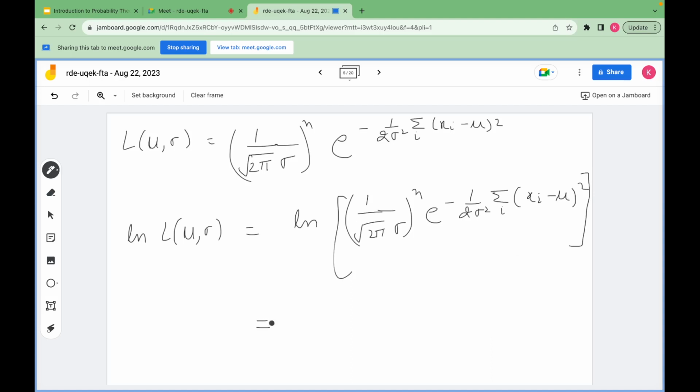This will become n ln 1 upon 2 pi sigma minus 1 upon 2 sigma square into summation over i of (xi minus mu) whole square.